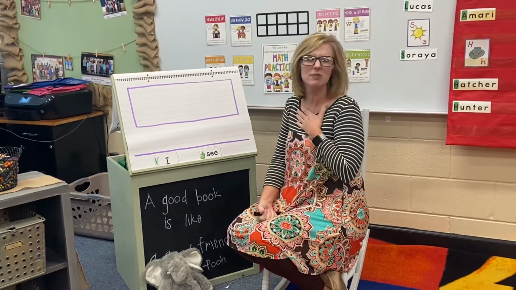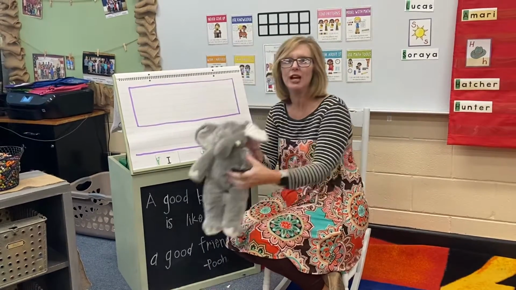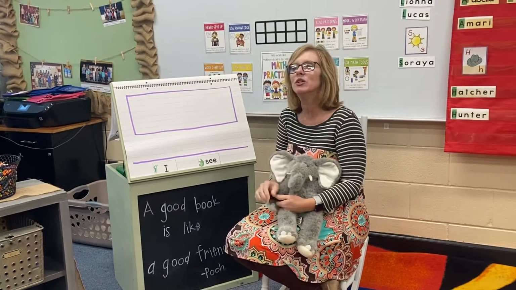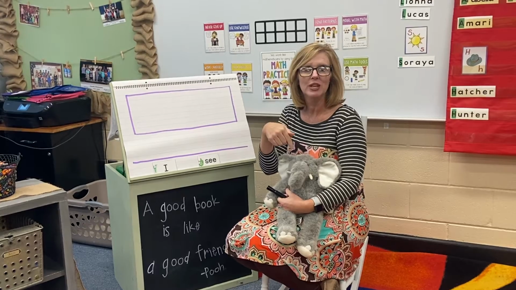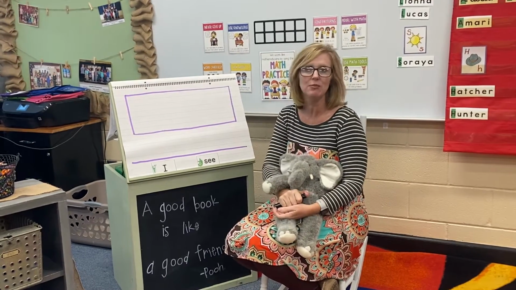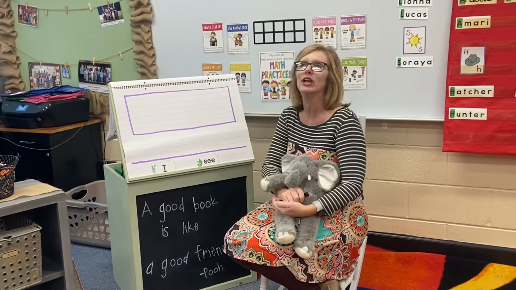Now, I'm not going to use my name, Miss Kelly, but I'm going to use Mabel because we've been practicing with Mabel's name. And so what I'm going to do is I'm going to write the sentence, I see Mabel. Now, when you write your sentence at home, you're not going to write, I see Mabel. You're going to write, I see, and then add your name.